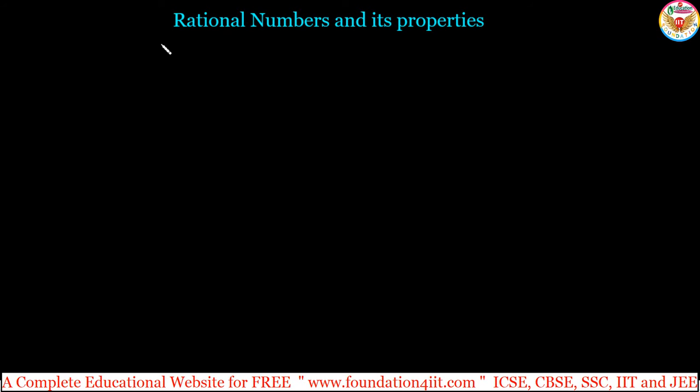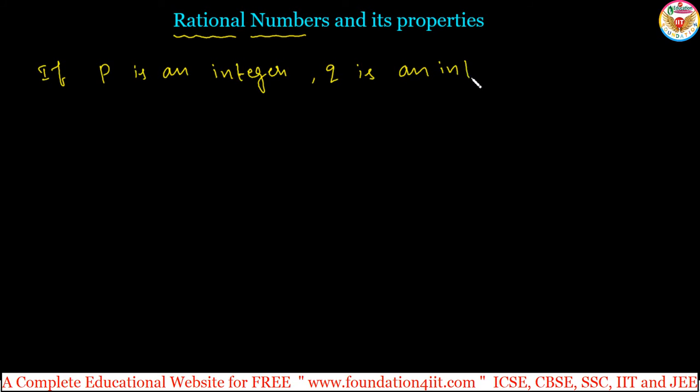First, how to define a rational number? Let p be an integer. Integers we already discussed previously, right? P is an integer and Q is another integer, and here the rule is Q is not equal to 0.